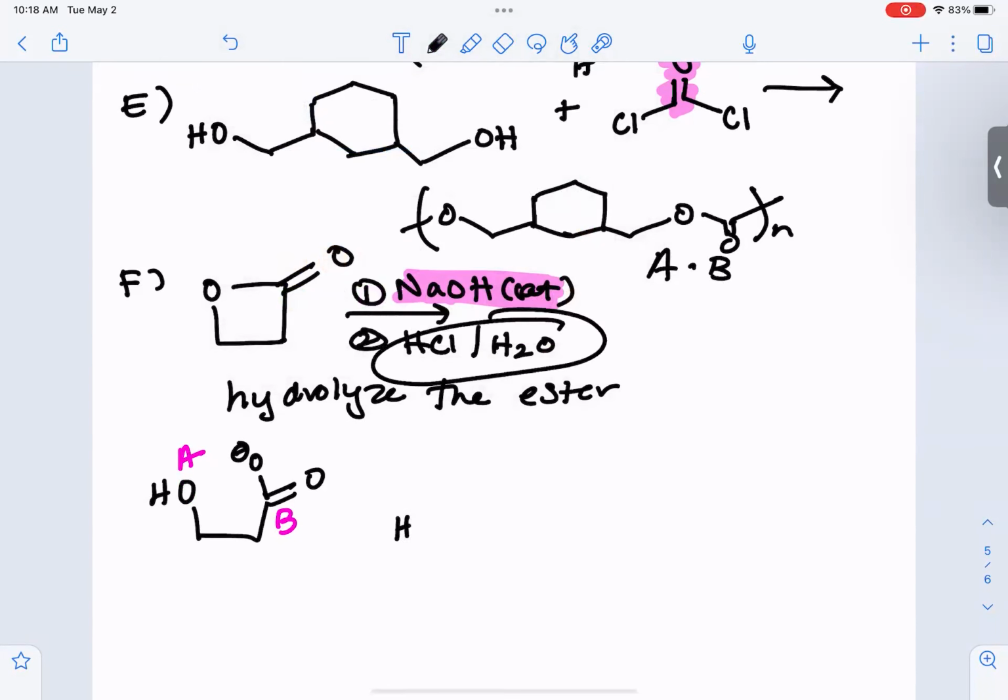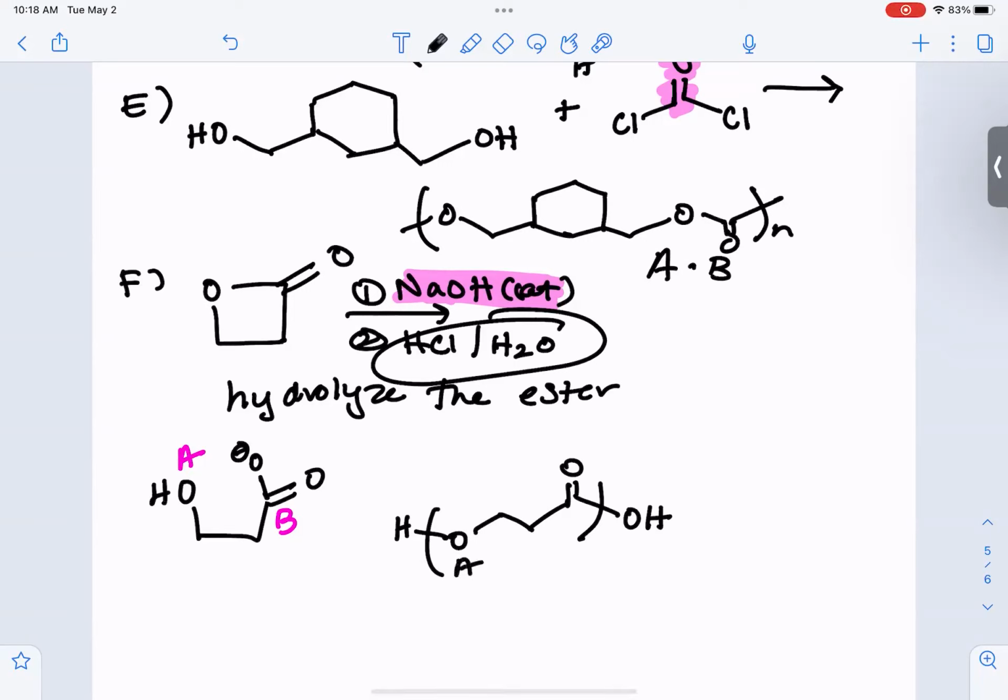So when you protonate at the end, your repeating unit essentially is going to be a polyester.